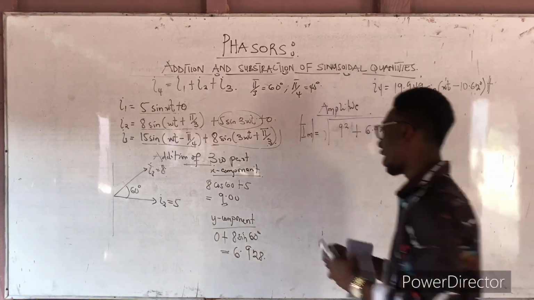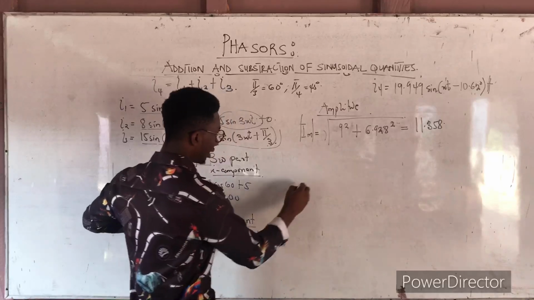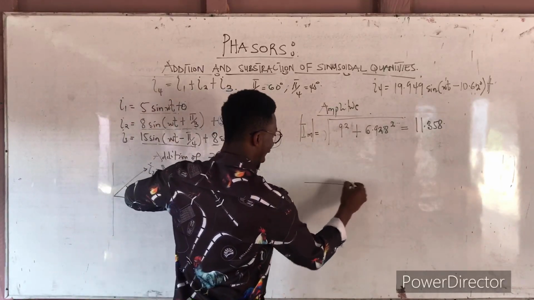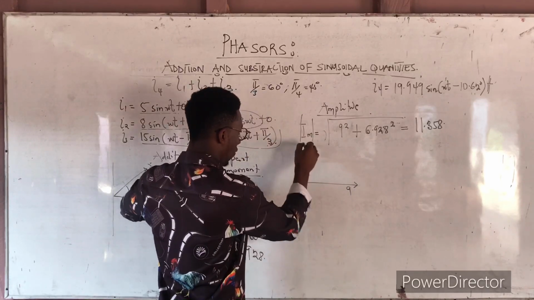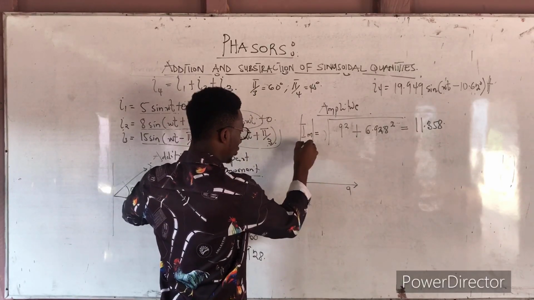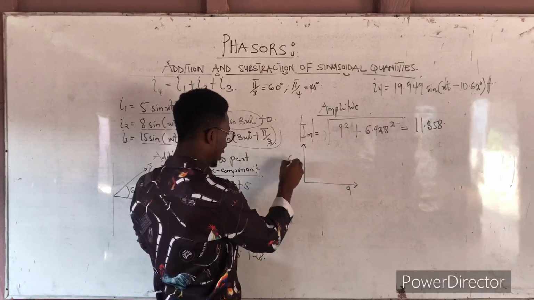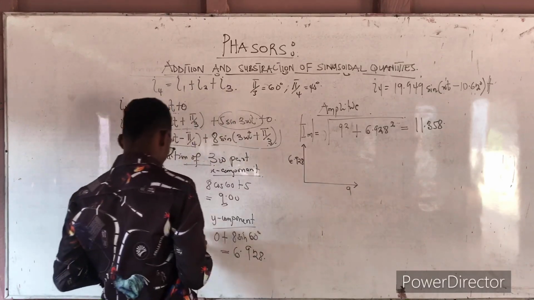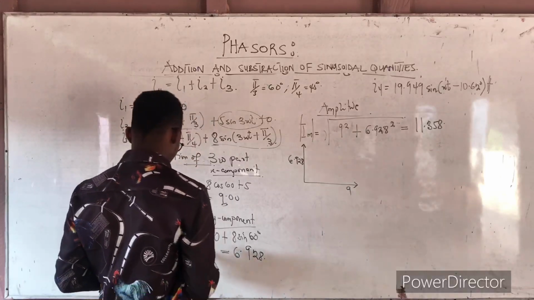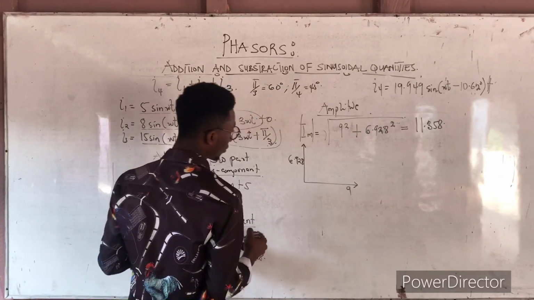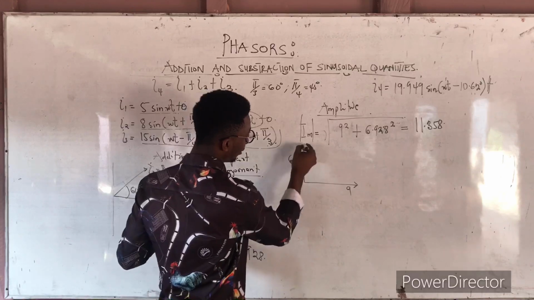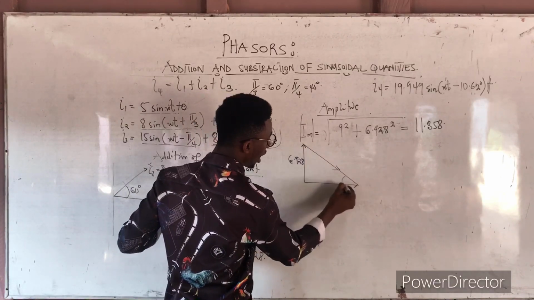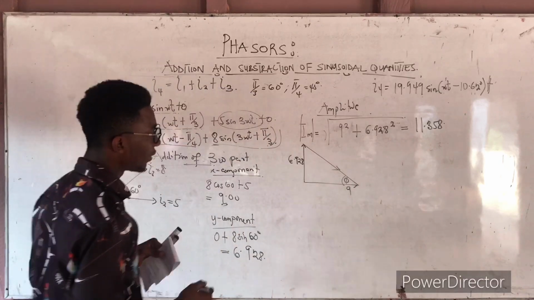Now you have to also find the angle. But how do you find the angle? What happens is that the x was in phase, the x is here, which is 9, and the y is also here, which was 6.928. Upon finding the angle, it follows this direction, so you put the angle here.